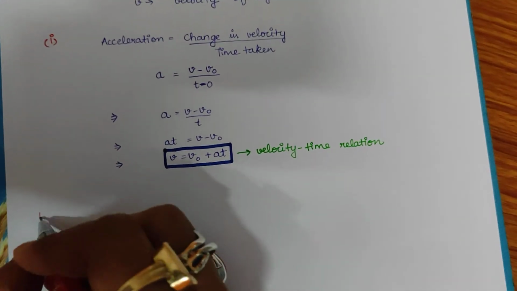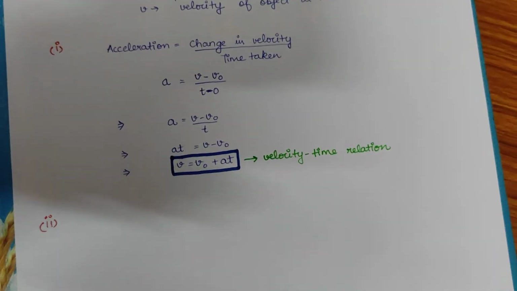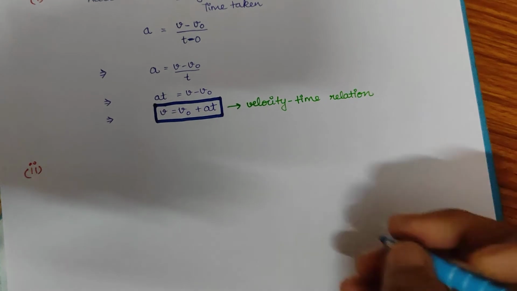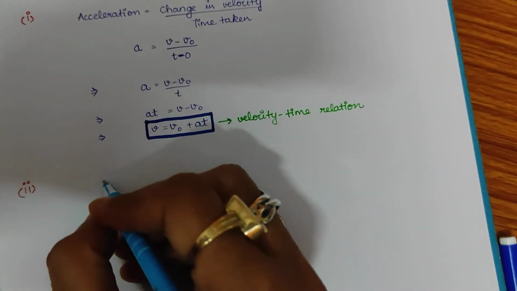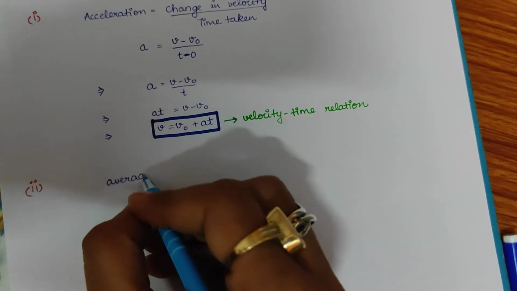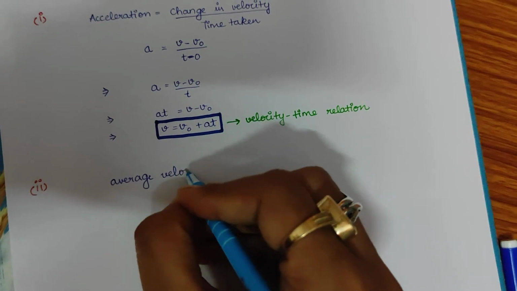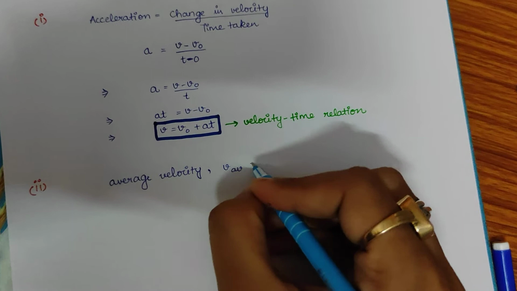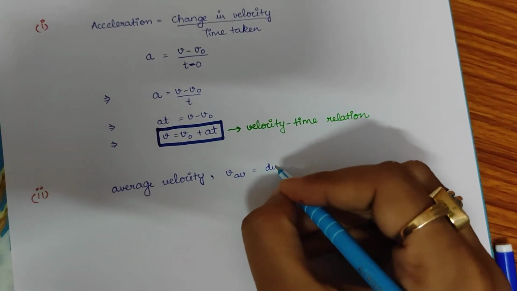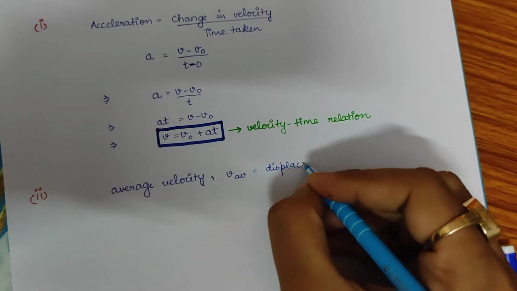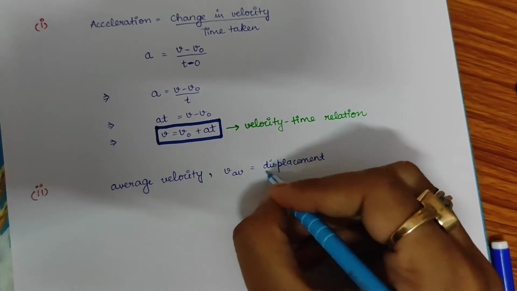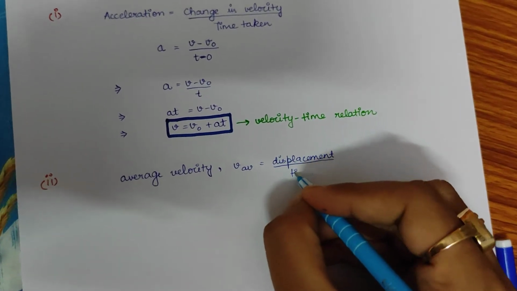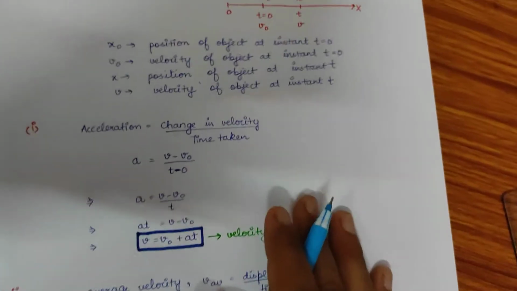Now moving to the second equation of motion, we will consider average velocity. What is average velocity? We have studied that v average equals displacement upon time. So what is the displacement in this case?